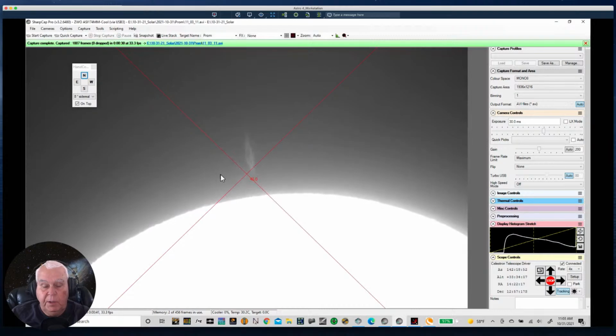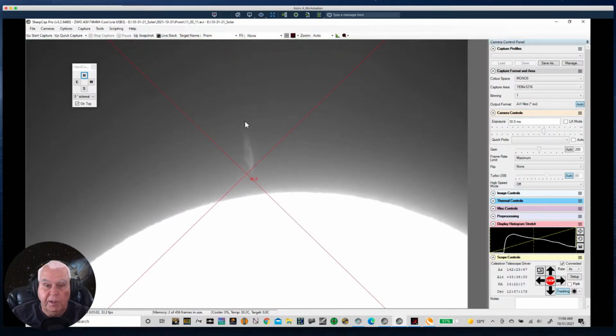And I'm going to guess, although I have no real idea, surely I'm not an authority on the sun, but I'm going to guess if this prominence behaves like a lot of proms do, that at some point in time gravity and the magnetic forces on the surface of the sun will start pulling this back to the surface, and these gases will return, and they'll do that in an arc-like fashion.